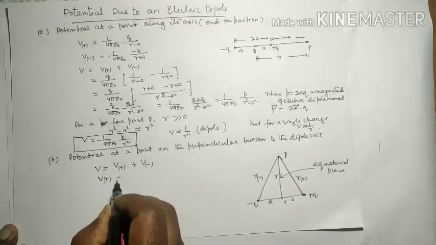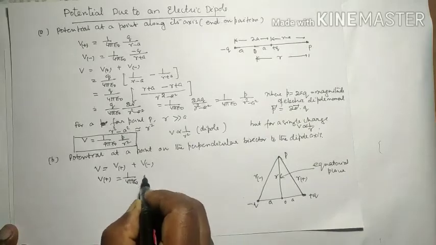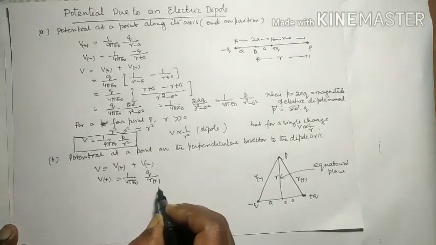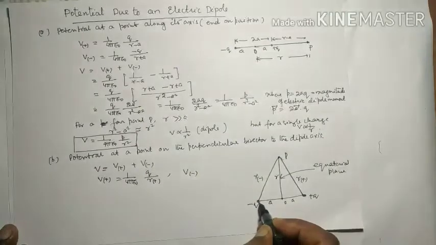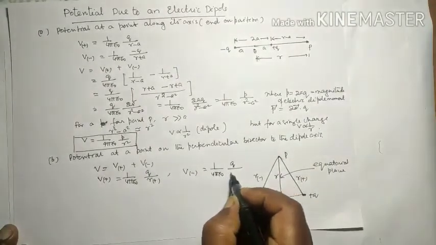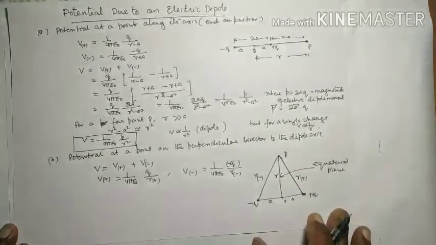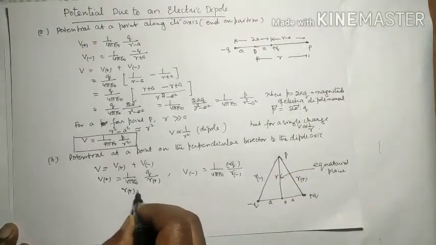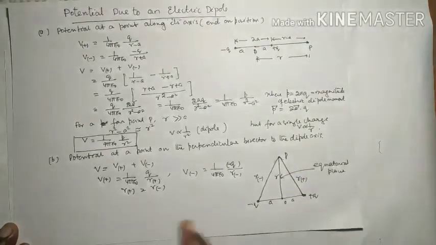So V plus is equal to 1 by 4 pi epsilon 0 into q, positive charge, by distance r plus, and V minus, due to the negative charge, is 1 by 4 pi epsilon 0 into minus q by r minus. We note that r plus is equal to r minus.